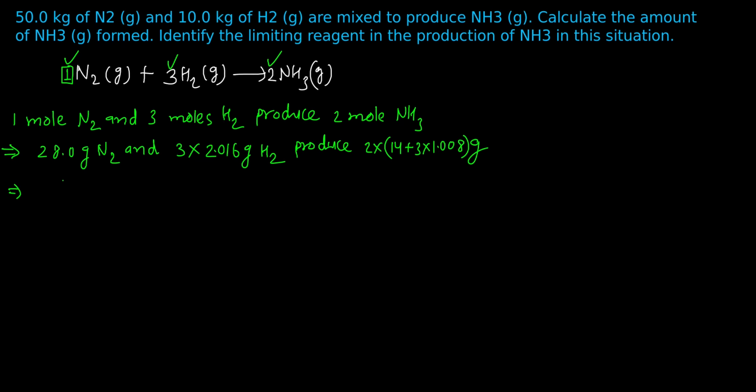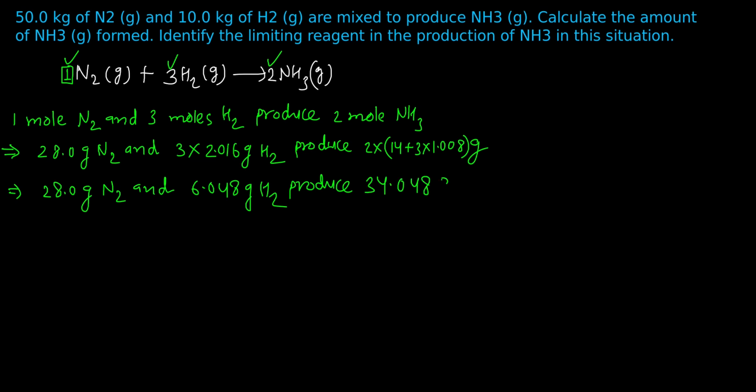So let's write it in simplified form. So 28.0 gram nitrogen, and what this will be? 3 into 2.016. Let's calculate it. So 3 into 2.016, so this is 6.048 gram hydrogen, and that produces 3 into 1.008, this is 3.024 plus 14 is 17.024 into 2, that is 34.048 gram ammonia.